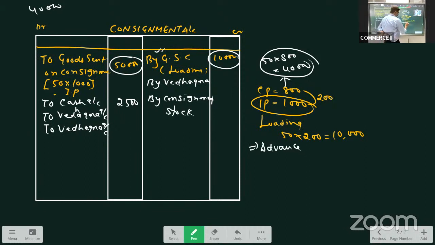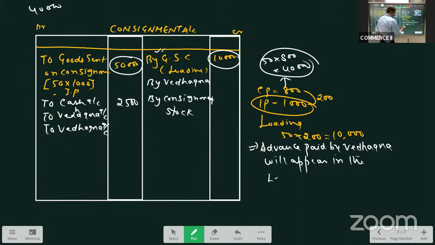Yesterday also I told you, advance paid by Vedagna will appear in the ledger account of Vedagna. It will not have any effect in consignment account. It will appear only in consignee's ledger account.